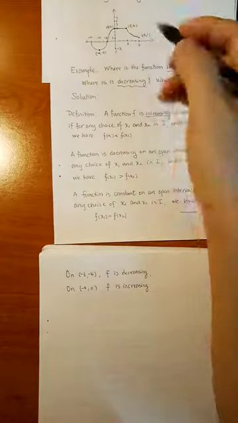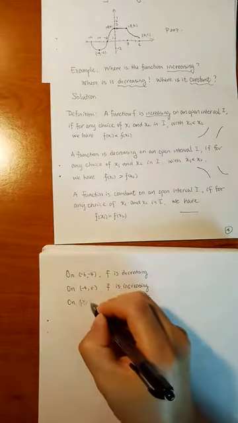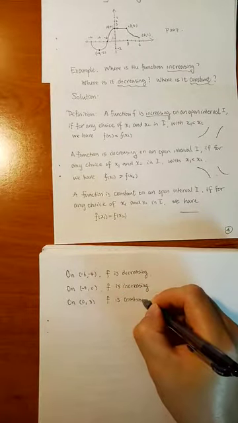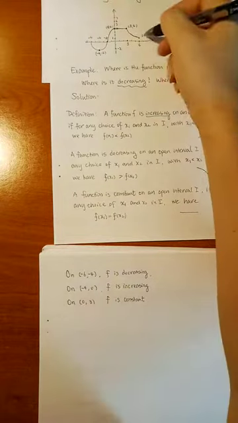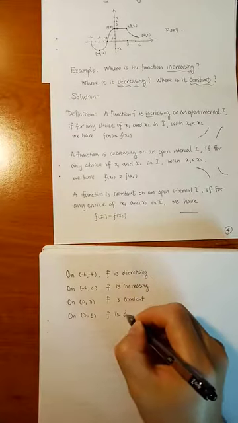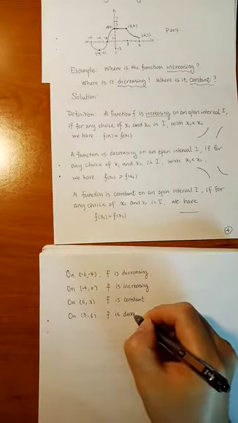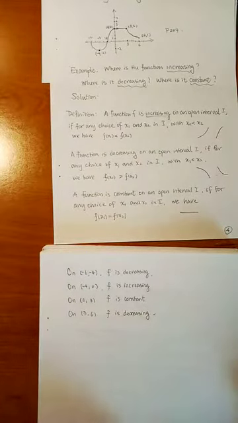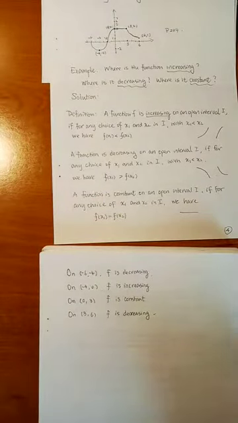And between 2 and 3, f is constant. And from 3 to 6, f is decreasing again. Okay, so that's the determination, a way to describe the graph.